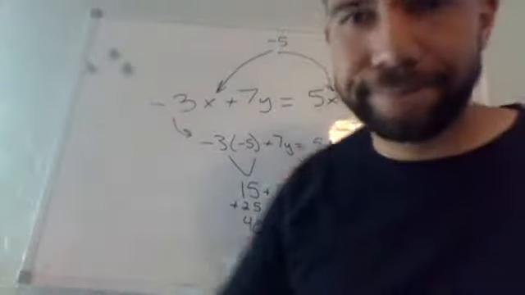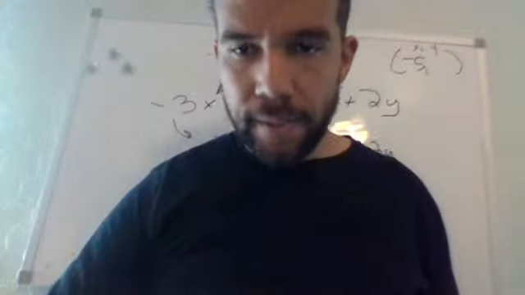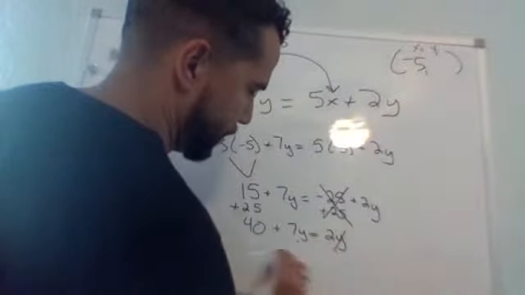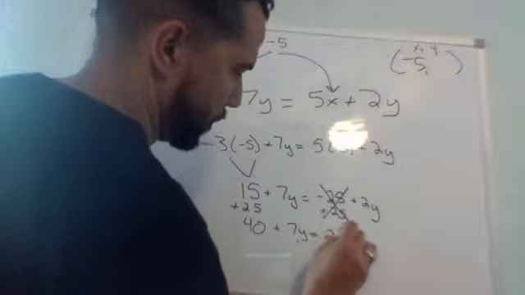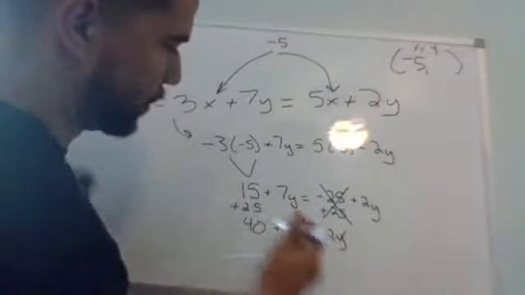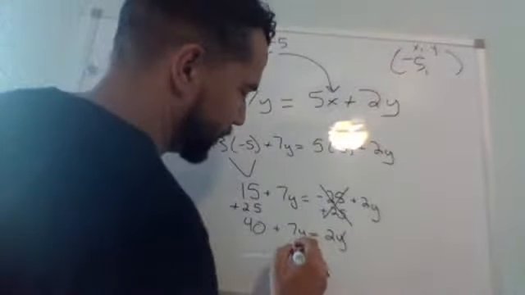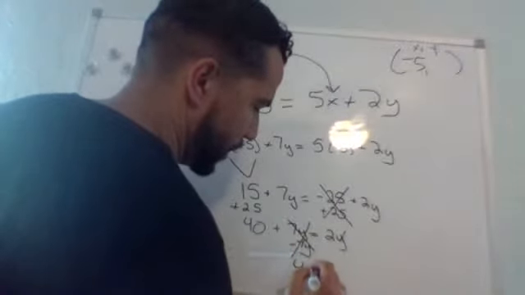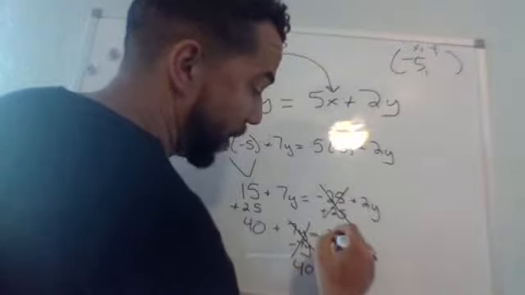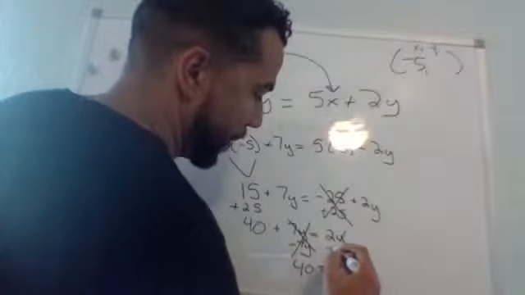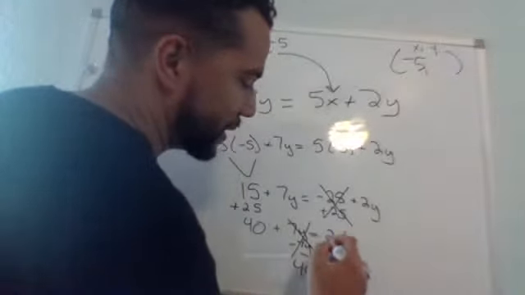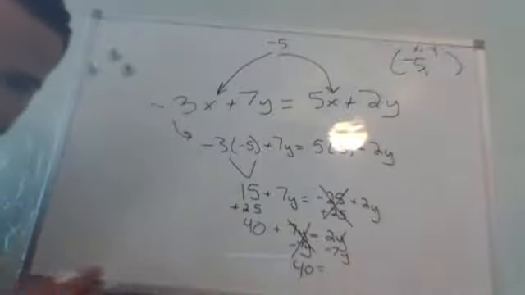Actually, you know what? Let's make this a little easier. Let's bring the 7 across. Minus 7y. That's 40. 40 equals. Now, I'm going to do the same thing over here. I'm going to subtract 7y. What's 2y subtracted by 7y?